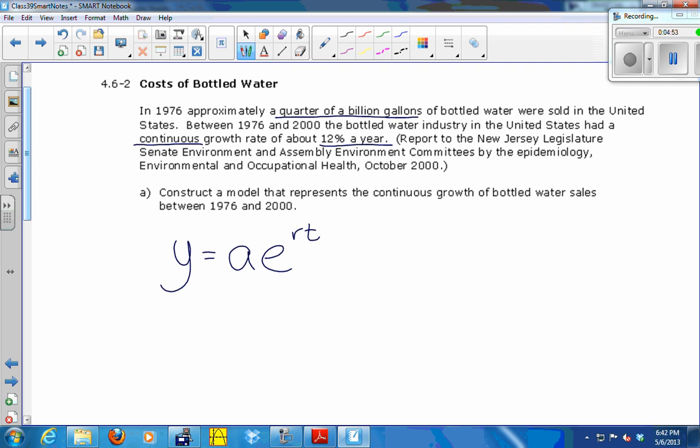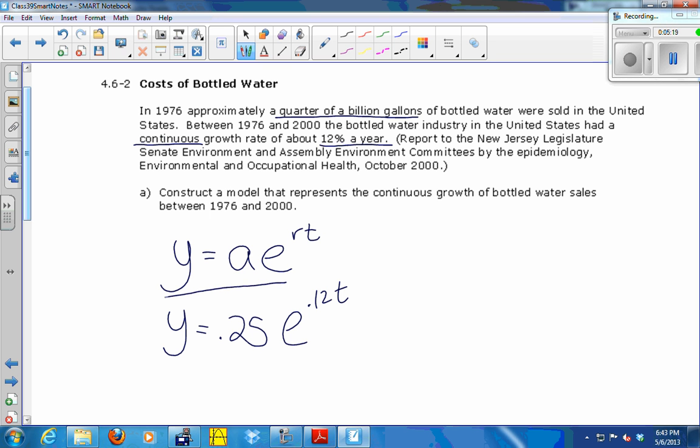It's the y-intercept, the same as a times b to the t. All right, so I'm going to put in my initial value, 1/4 billion, and my continuous growth rate is 0.12, so e to the 0.12t. So there's my model.